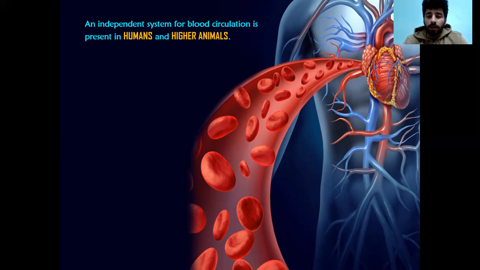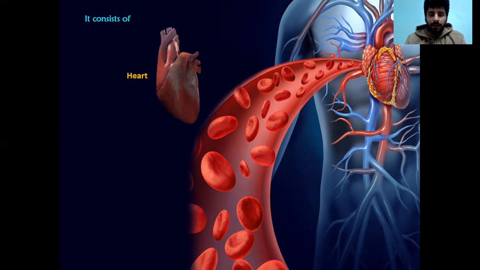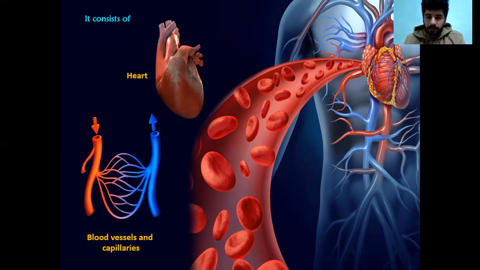The very primitive ones will not have a proper circulatory system specifically for transport of nutrients and substances throughout the body. It consists of two things. Number one is the heart, and number two are the blood vessels and capillaries.